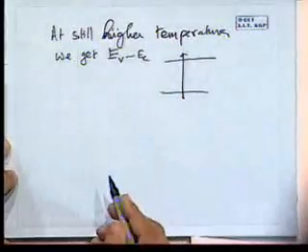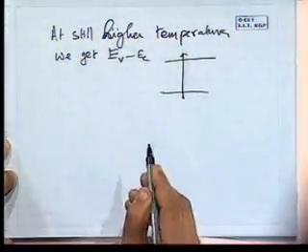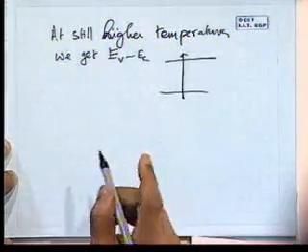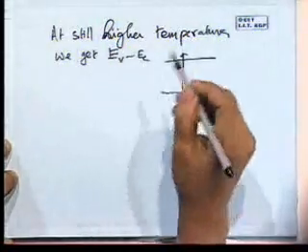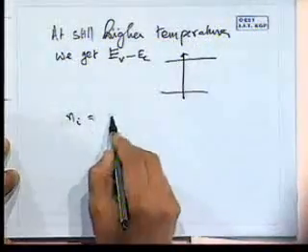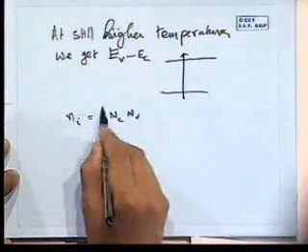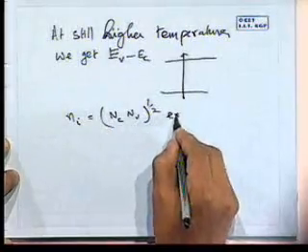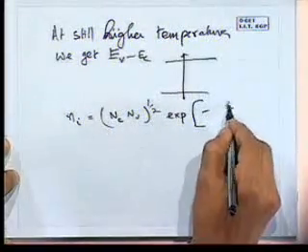And now the electron concentration is going to be dominated by the thermal generation of electrons, for which we already had the equation that I wrote earlier. Ni is equal to (Nc Nv) to the power half exponential minus Eg by 2kT.